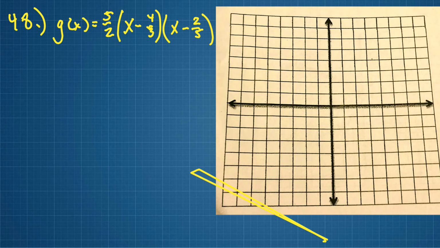Alrighty, so I have intercept form, remember, because of the 2 sets of parentheses. So I have A is 5/2, P is going to be positive 4/3, Q is going to be positive 2/5.